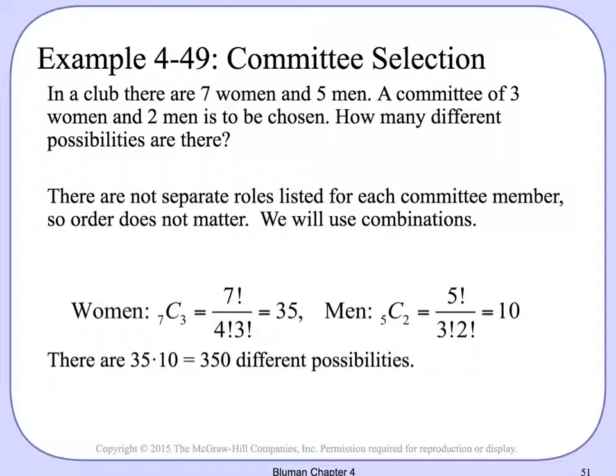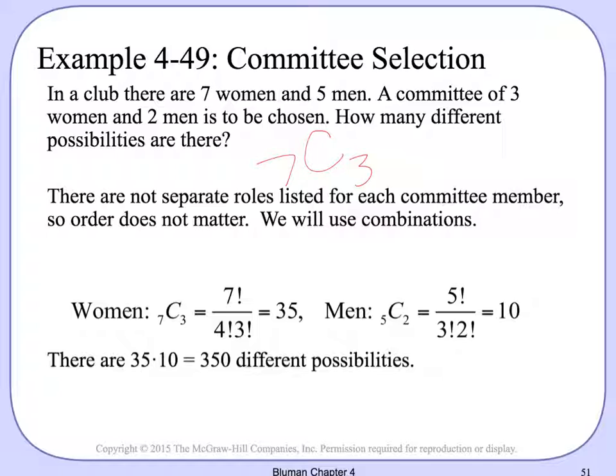In a club, there are 7 women and 5 men. A committee of 3 women and 2 men is to be chosen. How many different possibilities are there? Do we care about what order these people are chosen in? No, it says nothing about putting them in an order. So we have 7 women. How many of those are we choosing? 3. Or and?